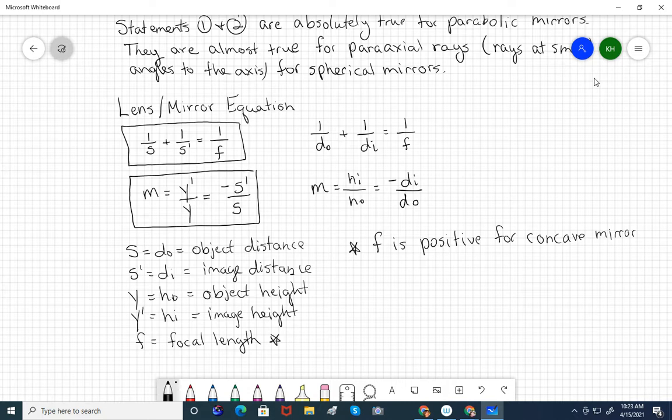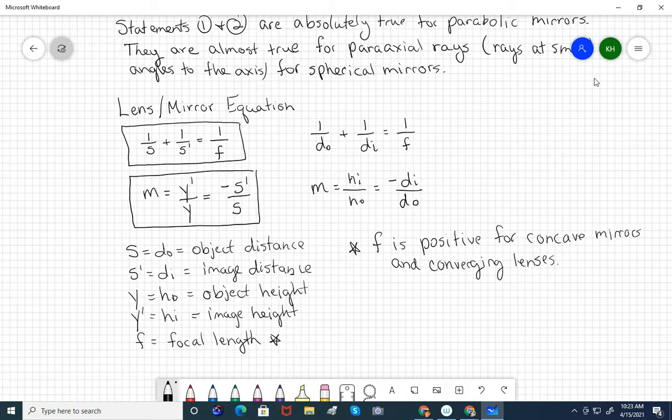And later we'll learn that it's also positive for converging lenses. So we're only doing concave mirrors, but those two are positive. They can be called positive mirrors or positive lenses.